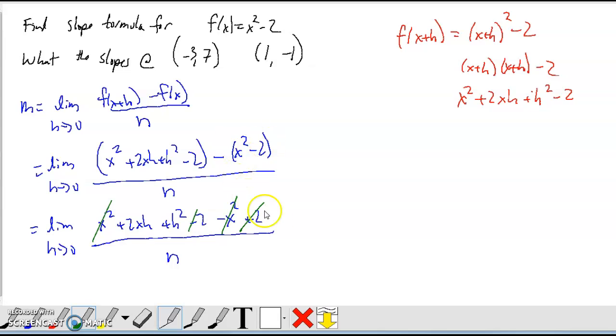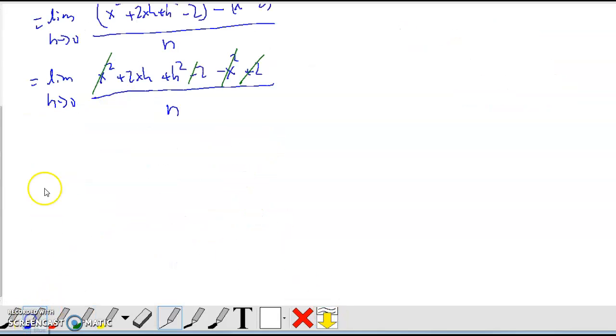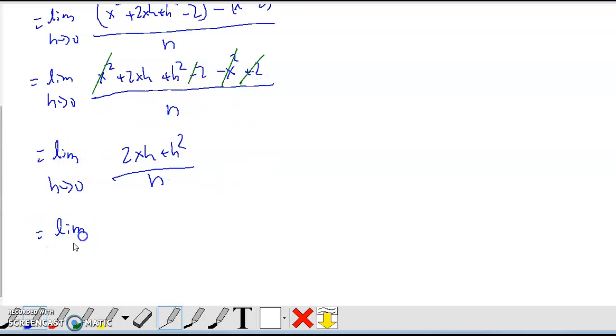So everything that was in that parentheses always goes away. Limit as h approaches 0 of 2xh plus h squared all over h. Some h's are going to go away, which is exciting. 2x plus h. Plug in a 0 for h. So our formula is just going to be 2x.